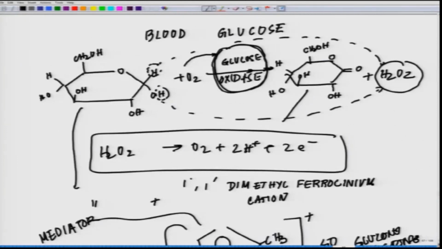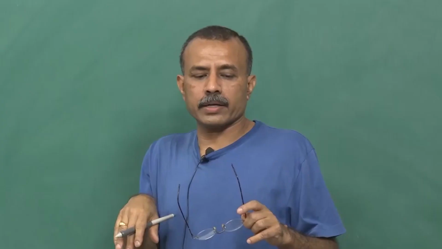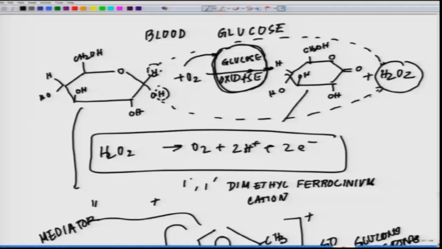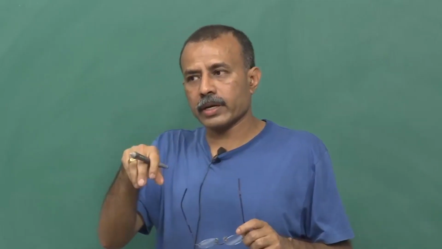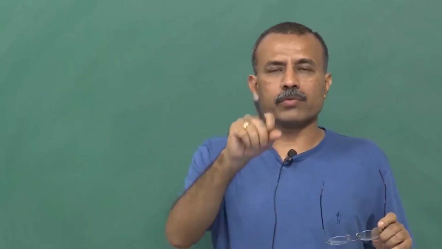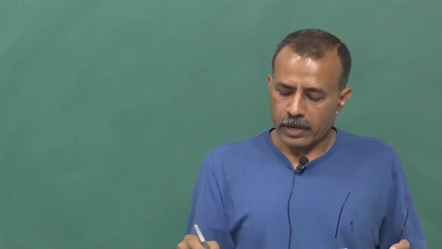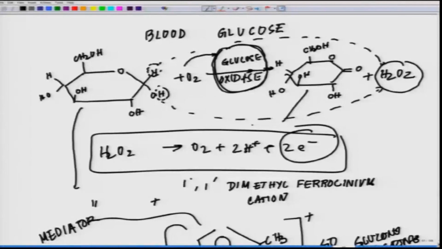Then you dissociate H2O2 by injecting current. So, the amount of H2O2 at the working electrode tells you how much glucose is present. It is an indirect measure. You keep it at a certain voltage and measure the current, and based on that you calculate the concentration.